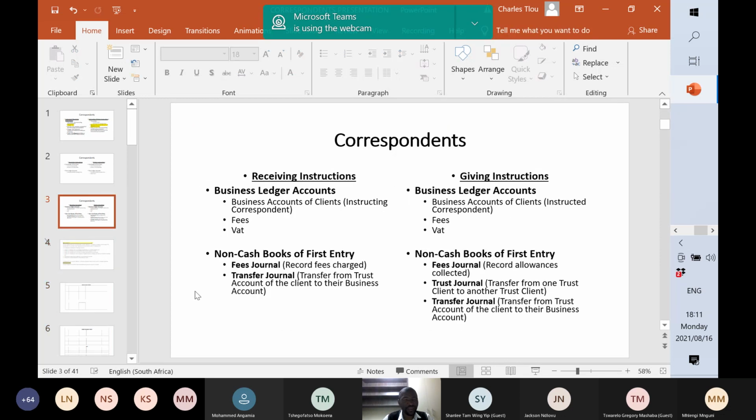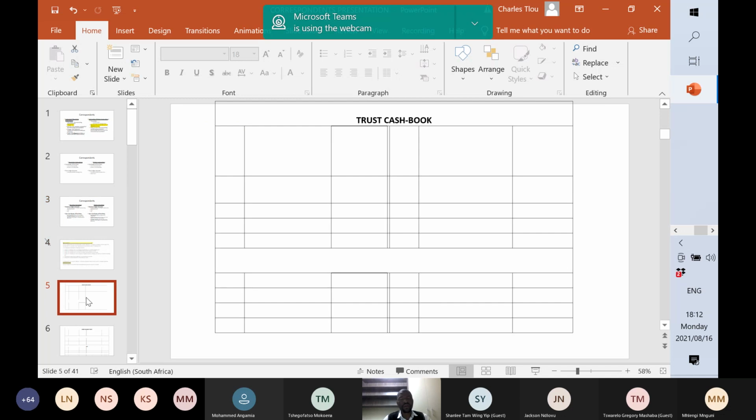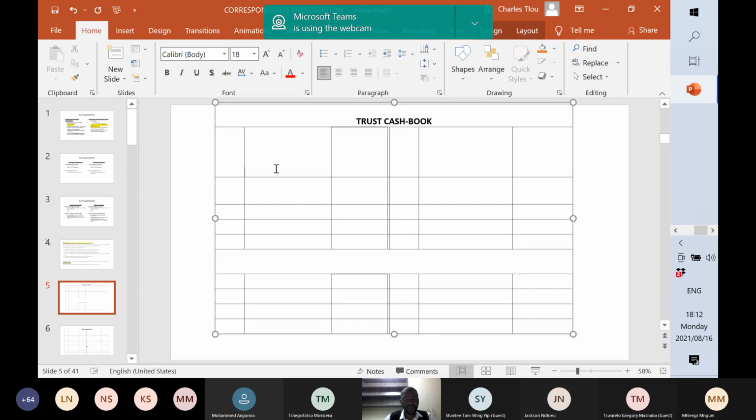This guy comes to you and says to you, I've got this client here and this client has got an amount of 10,000 and you need to apply for a bail on behalf of his friend. No, he doesn't tell you about the 10,000. He consults with this client and says, I will help you.